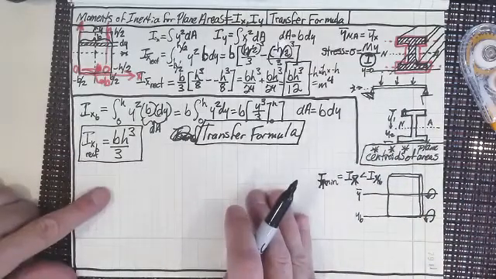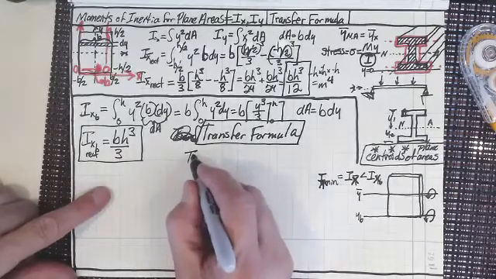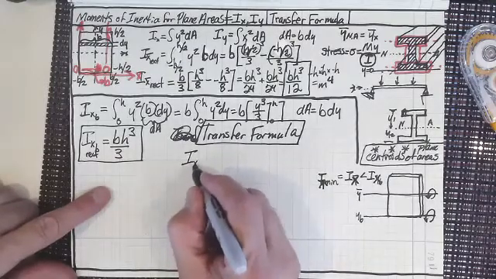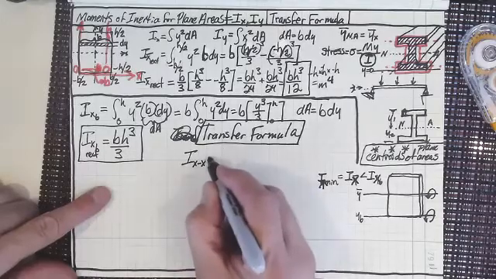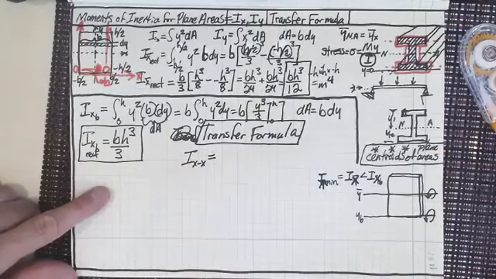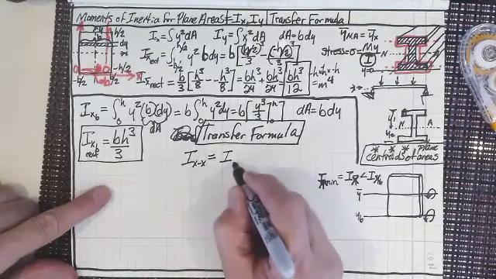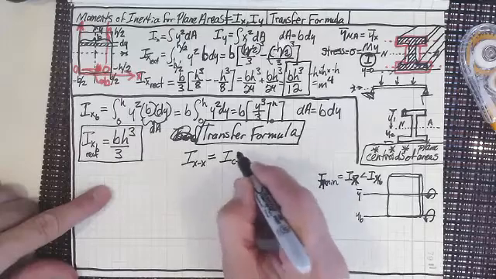Here's what it is. It says that the moment of inertia about any other axis other than the centroidal axis is going to be equal to the moment of inertia about the centroidal axis.